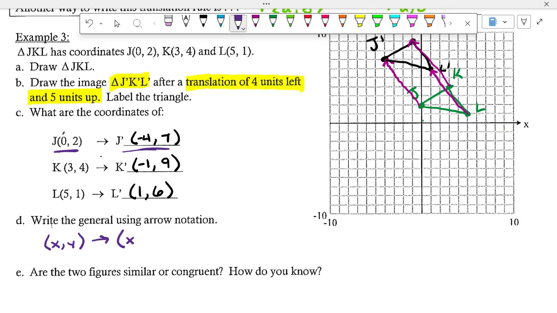You subtract 4. So it'd be x minus 4. Does that work as well for 3 to -1 and 5 to 1? Right. 3 minus 4 is -1. 5 minus 4 is 1. So it works. You got to make sure it works for all your points. That's a good way to check yourself. All right. Y's. How do I get from 2 to 7? +5.